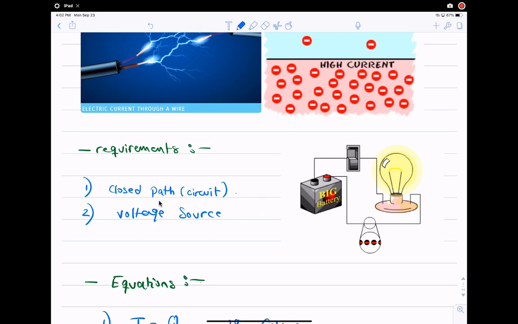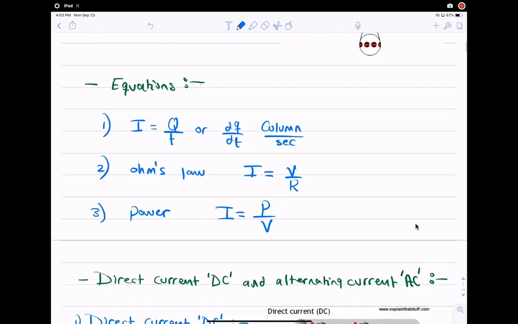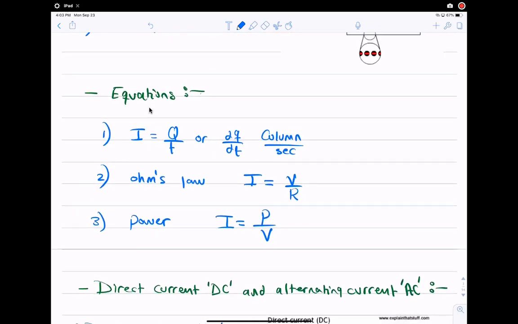So it needs two conditions. Whenever you switch on and there's a battery or a source, then that light goes on. And what happens through the wire? There are electrons moving.